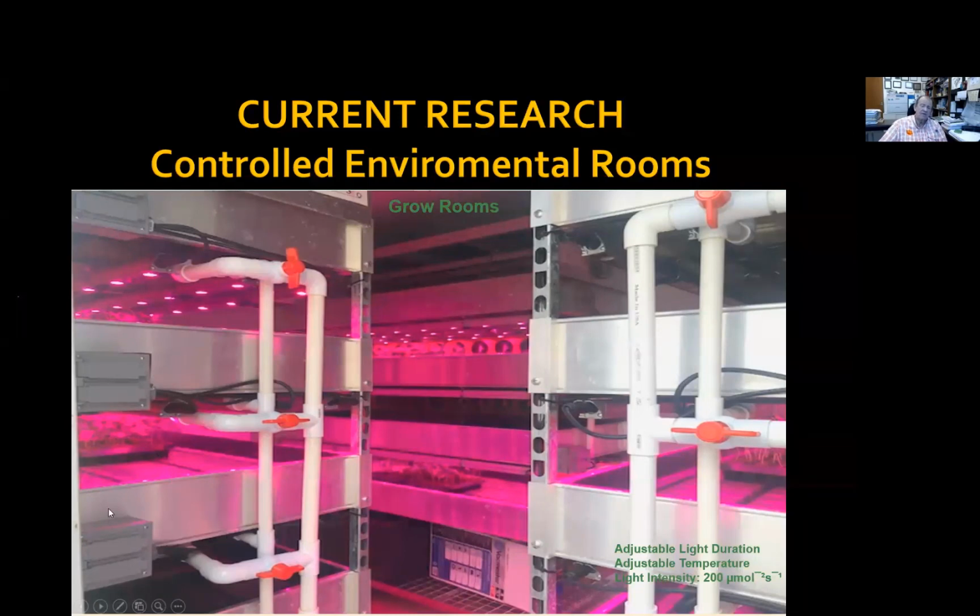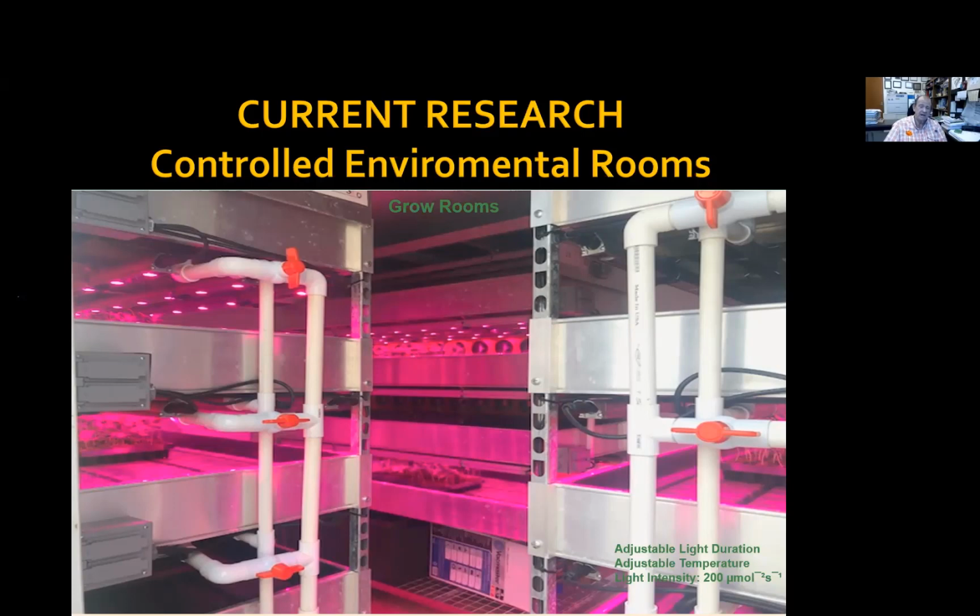Within this controlled environment, we can actually control disease problems. We can control the height and length of the rootstock and scion material, producing plants that are ideal for each stage.